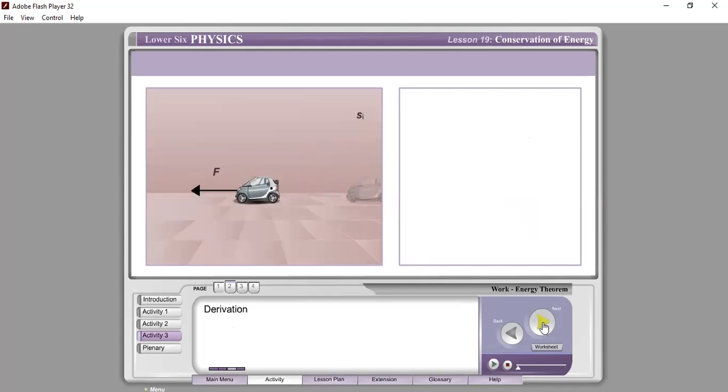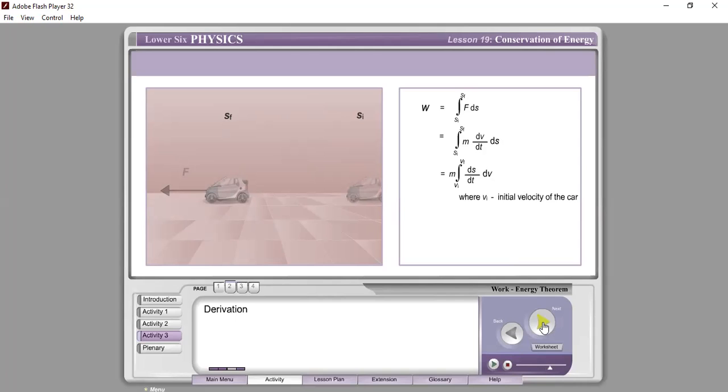Derivation. W equals the integration of F ds from limits Si to Sf, which equals the integration of m times dv over dt times ds from limits Si to Sf, which equals m times the integration of ds over dt times dv from limits vi to vf, where vi is the initial velocity of the car and vf is the final velocity of the car.